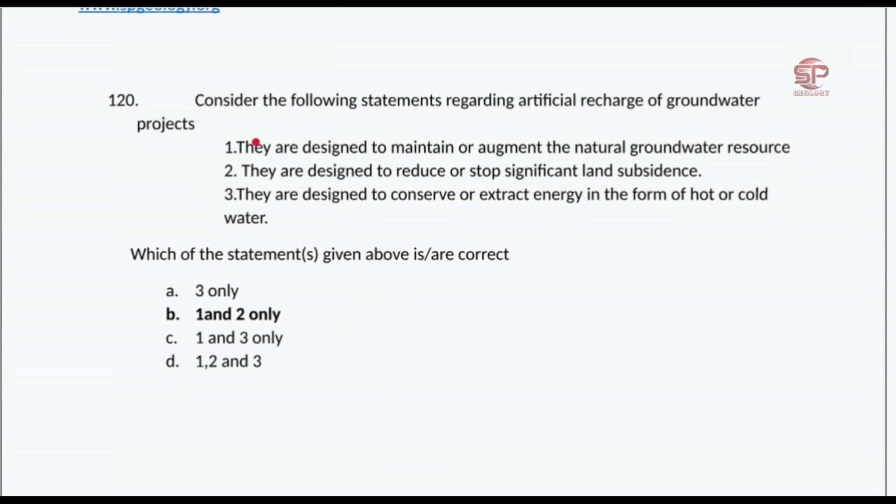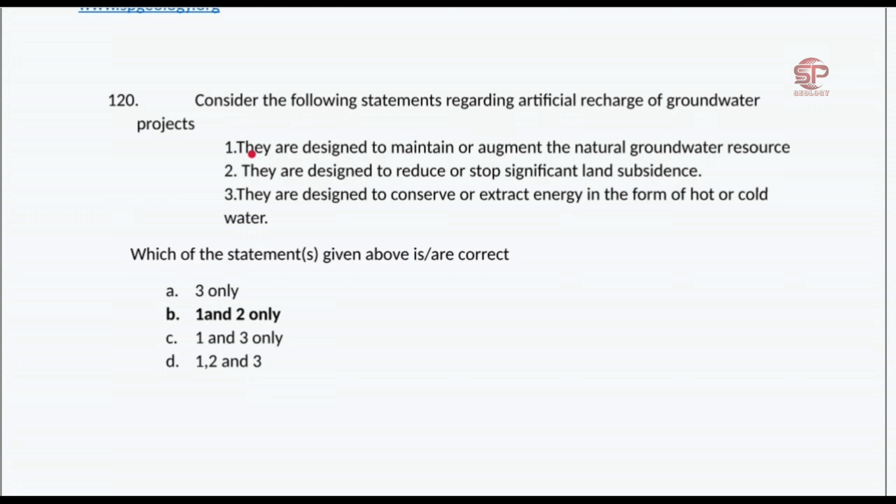Then move to the next question: consider the following statements regarding artificial recharge of groundwater. They are designed to maintain or augment the natural groundwater resources. Obviously, that's why artificial recharge is done where there is scarcity of groundwater, so we have to artificially recharge. They are designed to reduce and stop significant land subsidence, because if there is less water in the ground, there is a chance of subsidence.